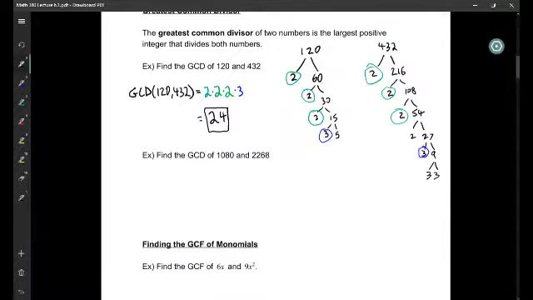Let's find the GCD of 1080 and 2268. And we'll use the calculator for this.